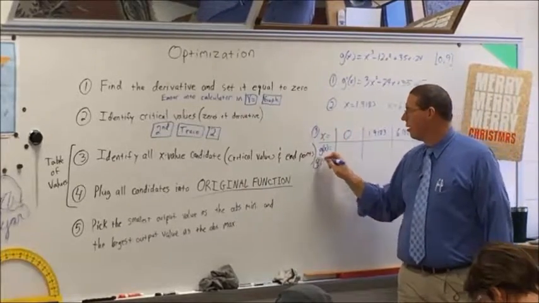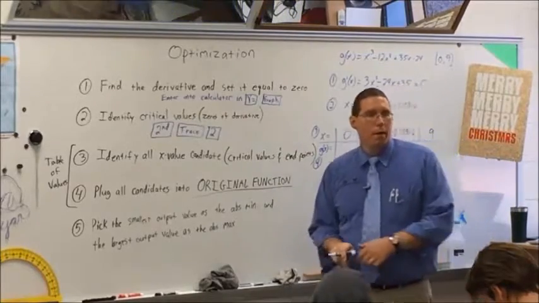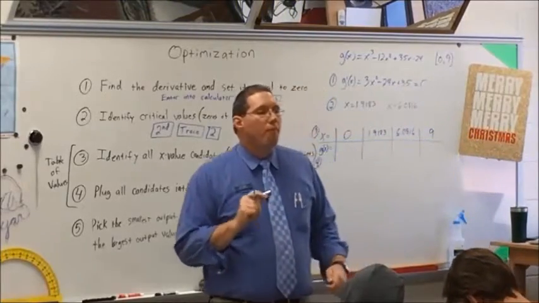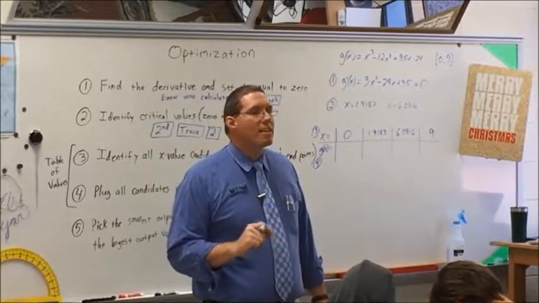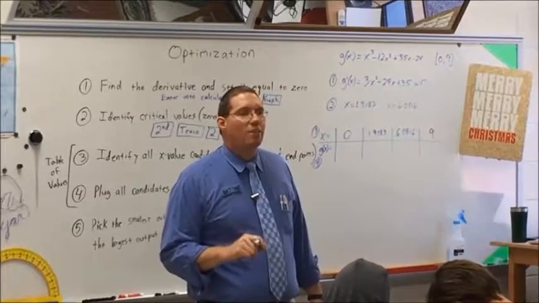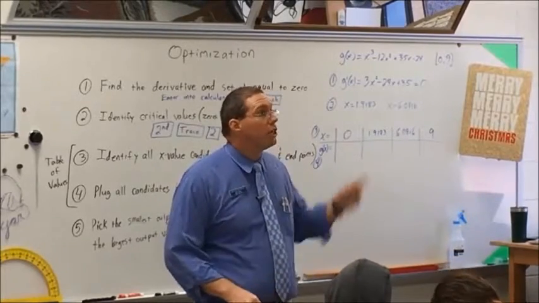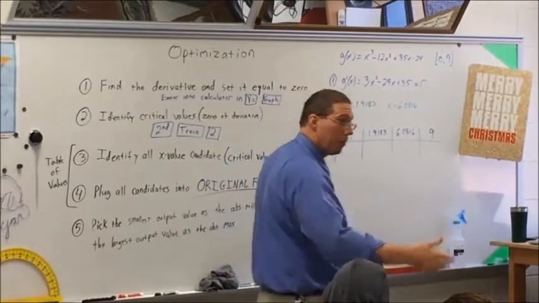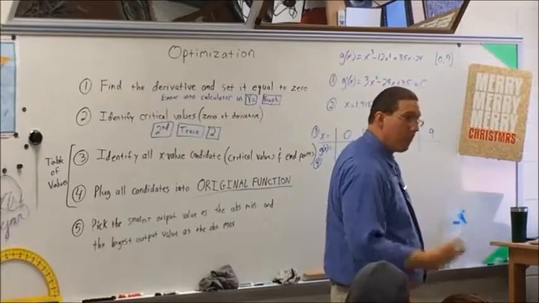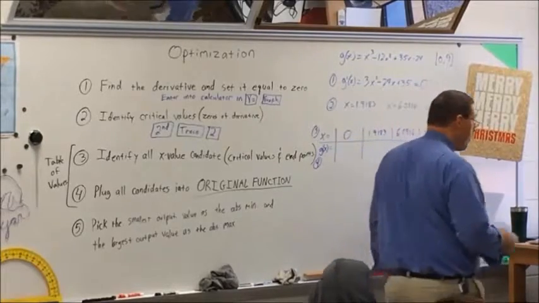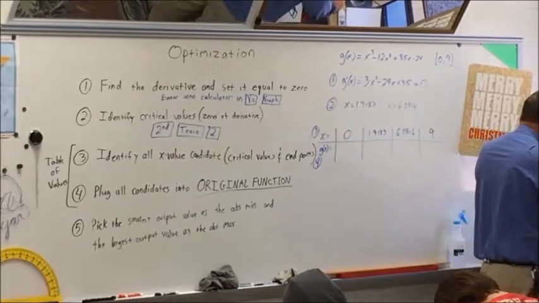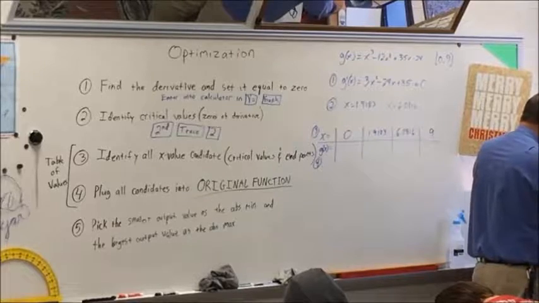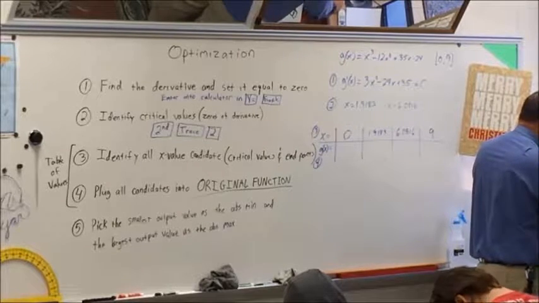Now, let me tell you about step 4. Step 4 is the reason that I entered the original function into the calculator. Because what's that going to do, Tiffany? I'm going to be able to go back to it and get all my output values, right? So now watch what I'm going to do. I'm going to press y equals. And guess which one I'm going to turn off?